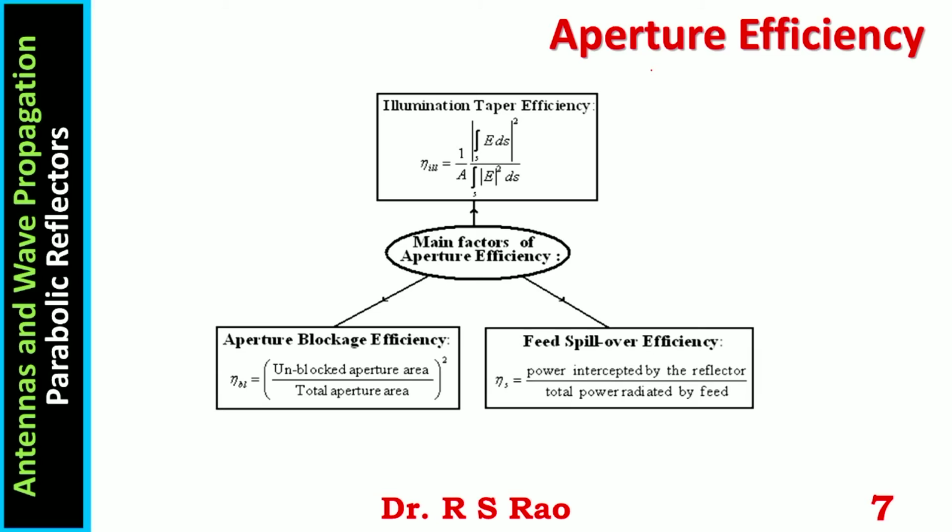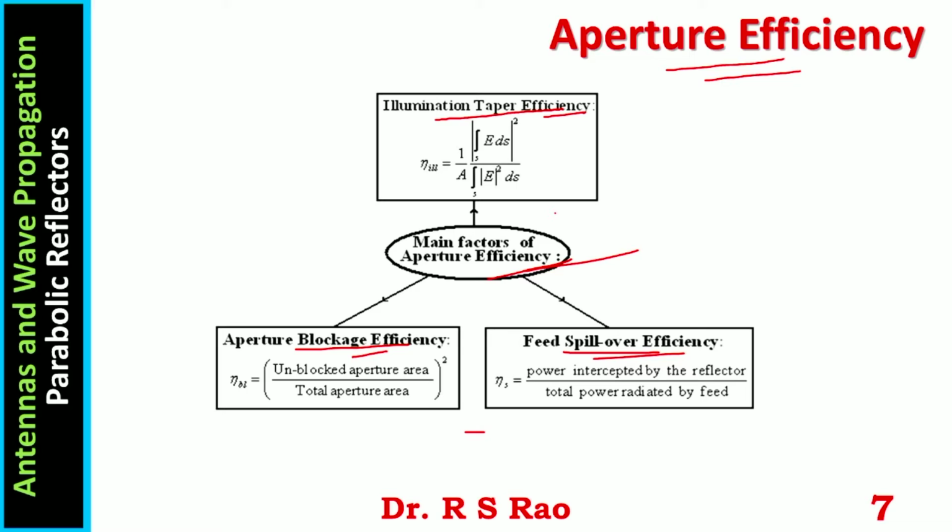Here are shown certain factors of aperture efficiency: illumination taper efficiency, aperture blockage efficiency, feed spillover efficiency. Aperture blockage efficiency by definition is the unblocked aperture area to the total aperture area, squared. Feed spillover efficiency is the ratio of power intercepted by the reflector to the total power radiated by the feed.